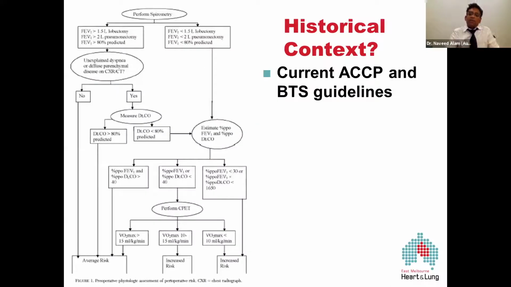If we look at the current American College of Chest Physicians guidelines or the British Thoracic Society guidelines, the first test when you're trying to decide whether or not to operate on someone is to perform spirometry, look at their FEV1, and we have guidelines of what kind of operation we can do for someone based on their FEV1. Similarly, we might look at their DLCO.